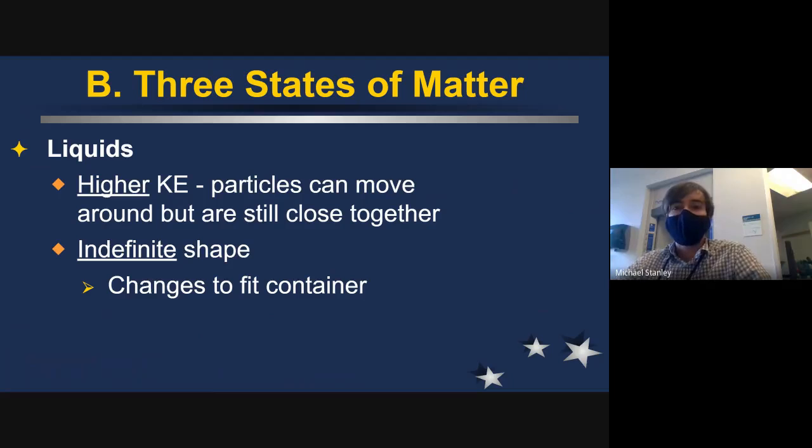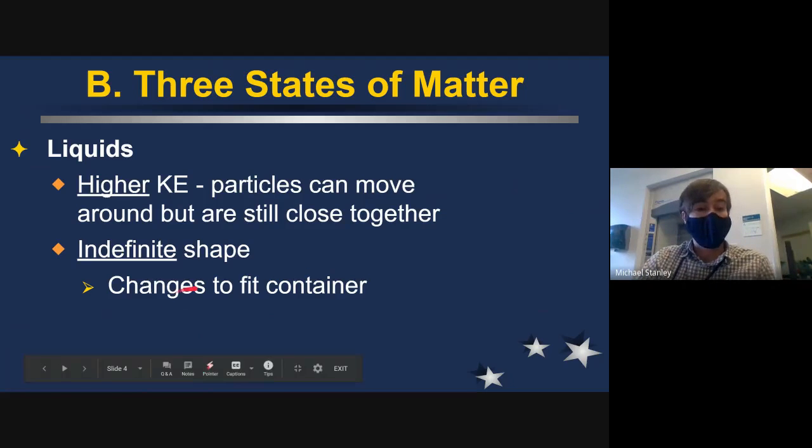If I take some water out of the pipe and put it into my cup, now it's just gone from being in a tight little hole in the pipe to filling up the bottom of my cup. If I take my cup and spill it all out on the ground, now the water has spread out and is making a really thin layer across the tile in the classroom. So the shape of this liquid is changing. It depends on where you put it.